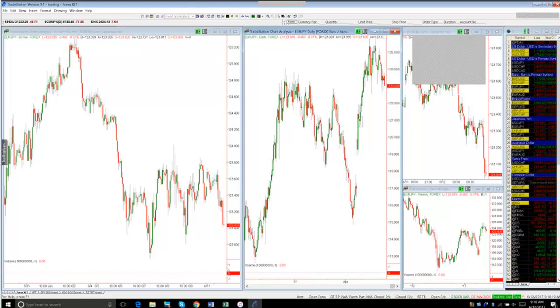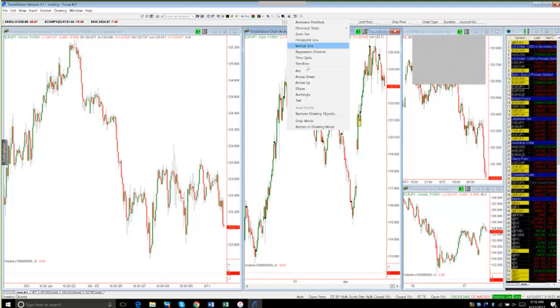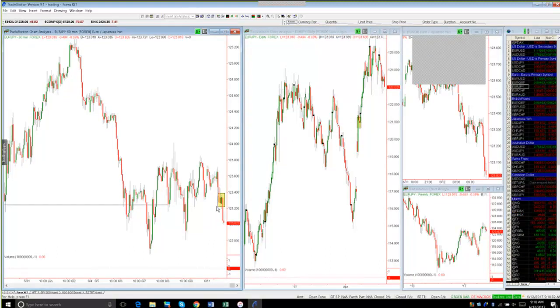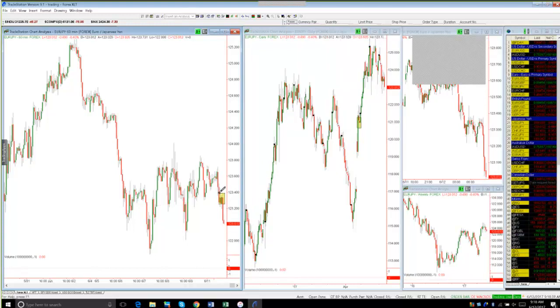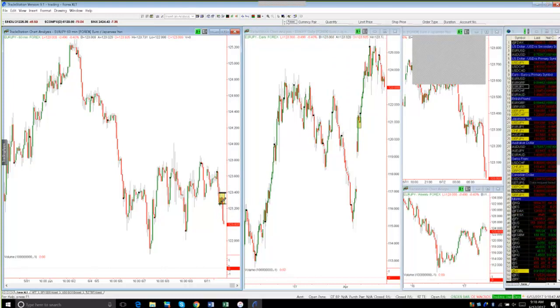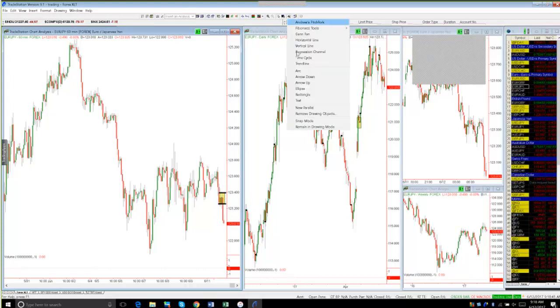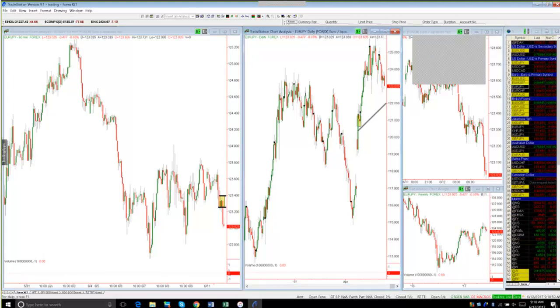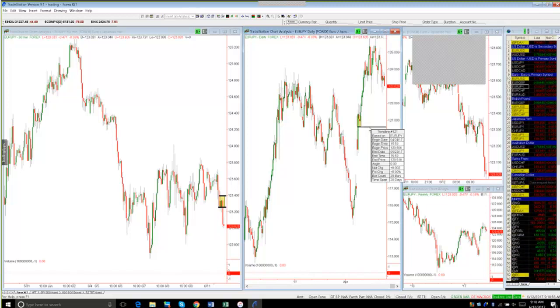Whoops, I didn't want to do that. Here, let's bring this down to here. Okay, so we're using two different time frames to identify where those demand and supply zones are above and below current price.